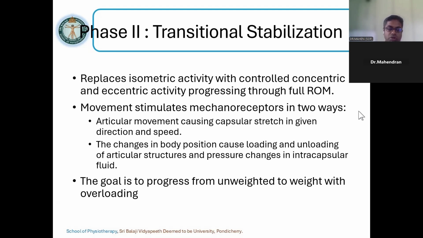The main goal of transferring from isometric to isotonic is to progress from unweighted to weighted. In isometric, we used only a minimal amount of force, but in isotonic we are increasing the threshold of exercise. We are using the concept of overloading.